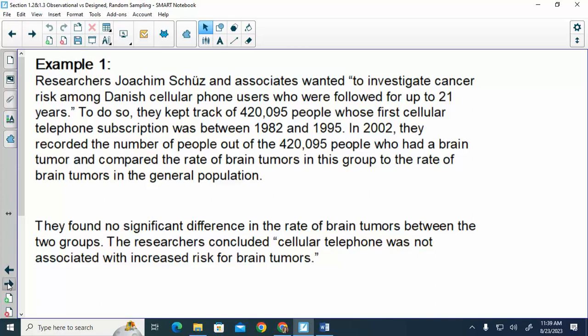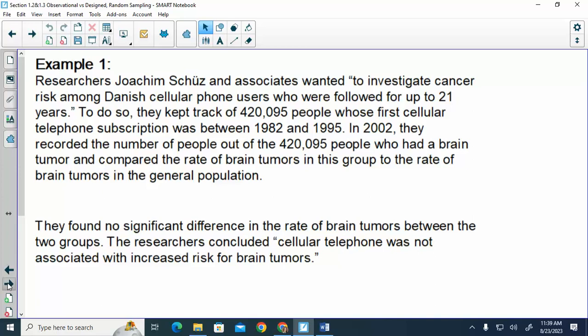So to do so, they kept track of 420,095 people whose first cell phone subscription was between 1982 and 1995. In 2002, they recorded the number of people who had brain tumor and compared that rate to the general population.